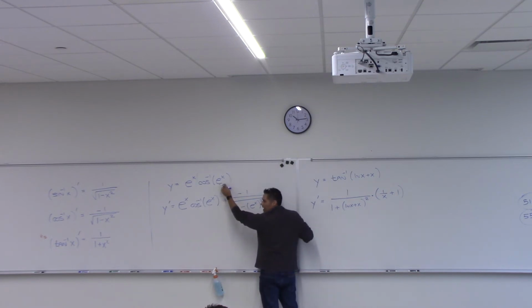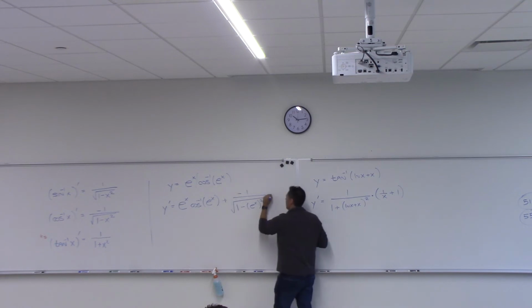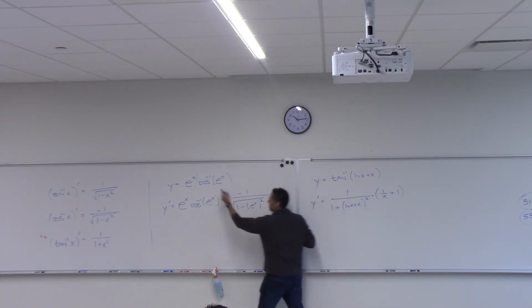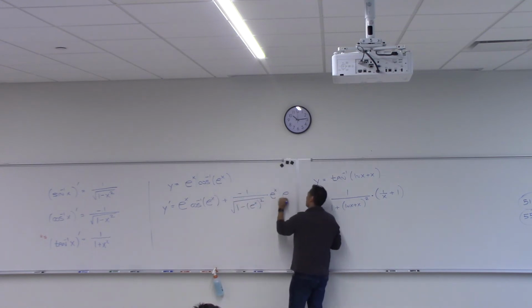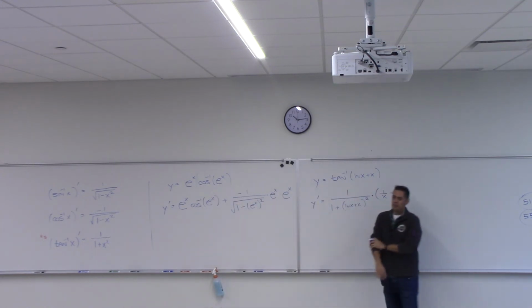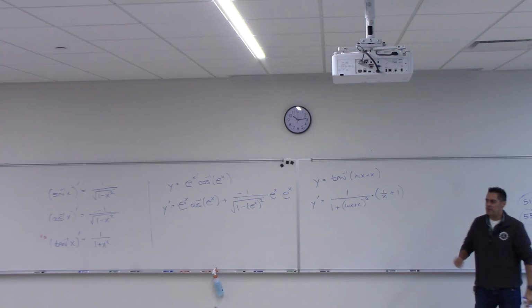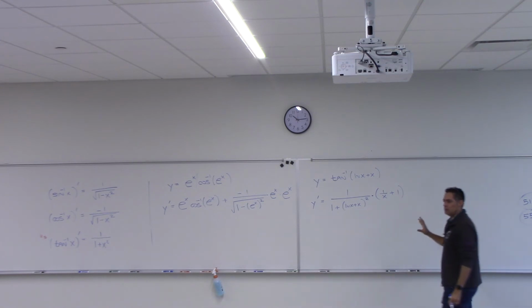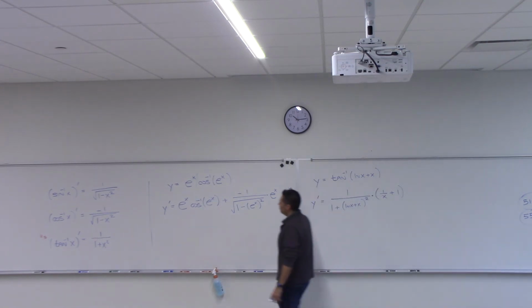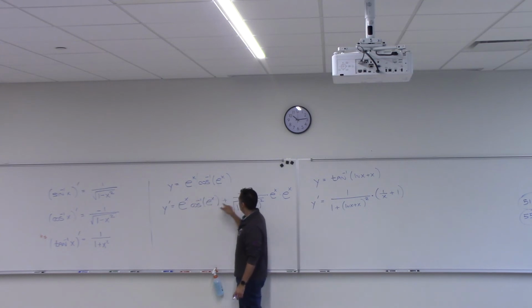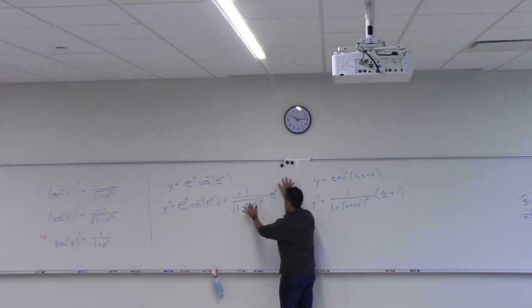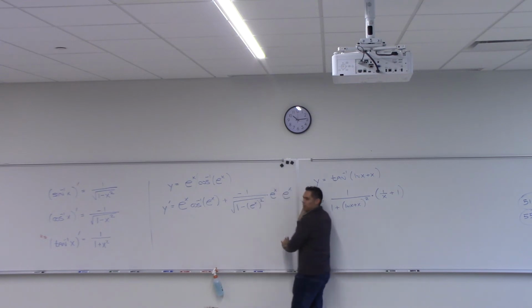Derivative of that's e to the x times e to the x again, because you got to finish off the product rule. Everyone see that product rule there? Derivative of this times this plus derivative of this with that chain rule times the first one.